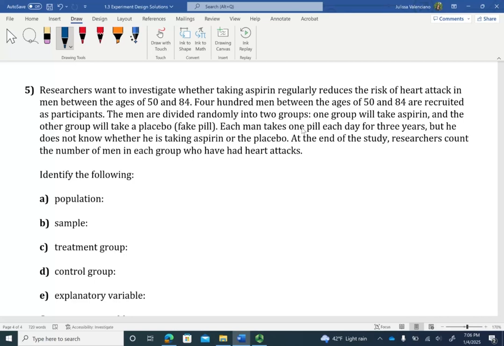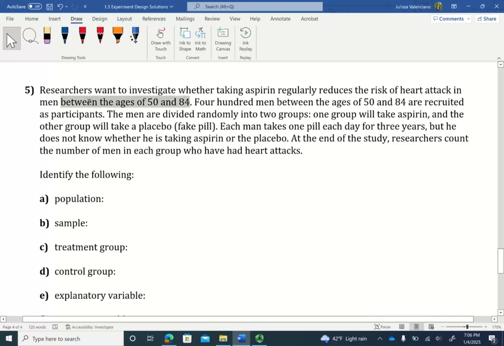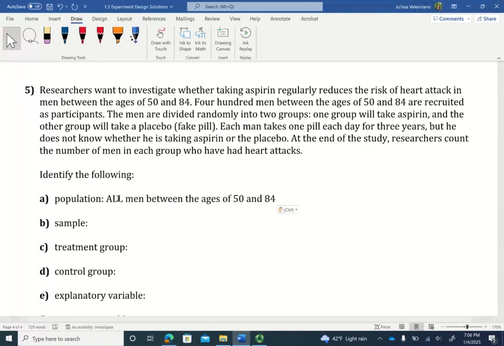Okay. So what is the population here? Let's try our best to include as much detail as we can. So we're talking about men between the age of 50 and 84. And so our population is all men between ages 50 and 84. What's our sample?